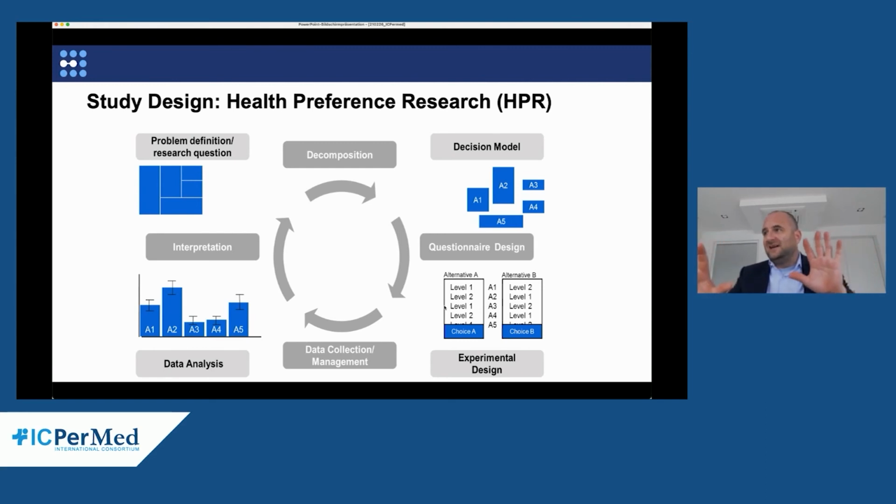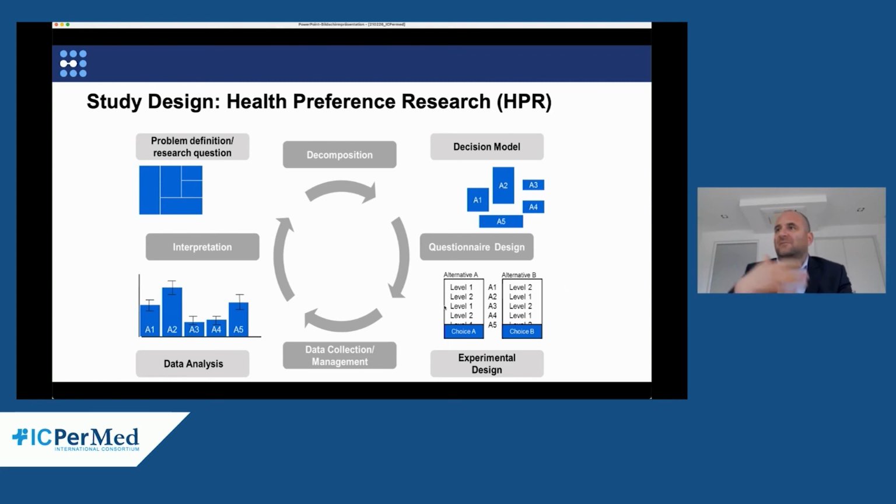And that data, which is being extracted by these choices, is very helpful to come up with a statistical model based on a regression analysis, showing us how certain aspects, how certain attributes, characteristics of a treatment impact the value from a patient's point of view.